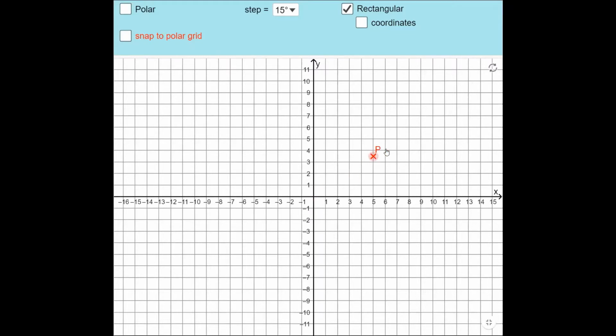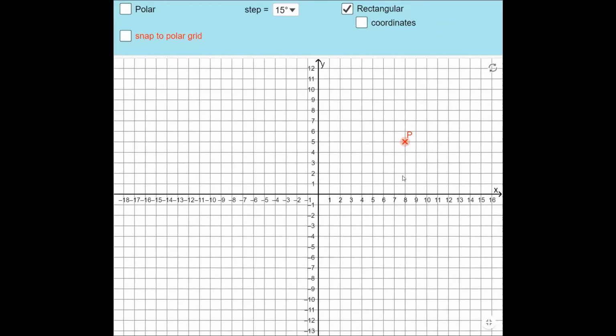What is its coordinate? The x is 8 and y is 5. We will mark it as P(8, 5), isn't it?